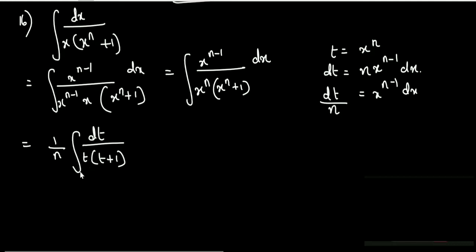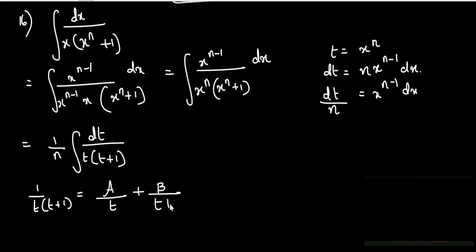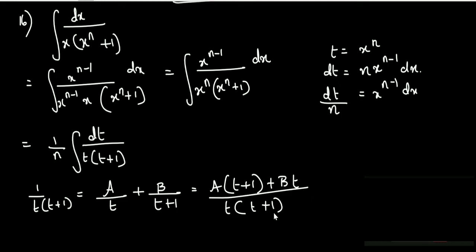So we can see that the factors here are t and t plus 1. So you can take it as 1 by t into t plus 1, take it as a by t plus b by t plus 1. So it is equal to a into t plus 1 plus b into t divided by t into t plus 1.